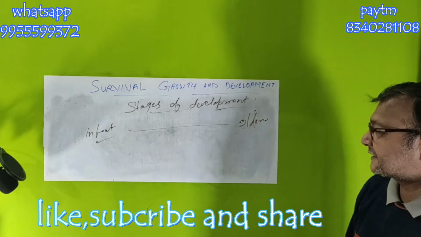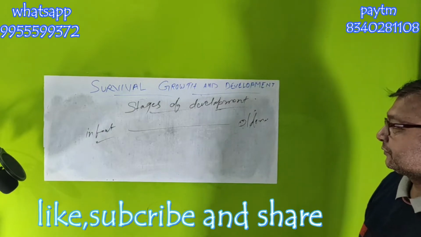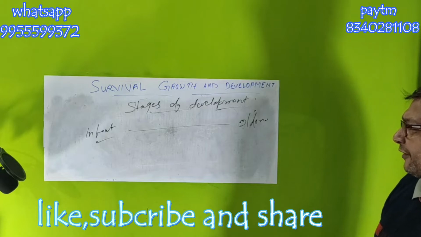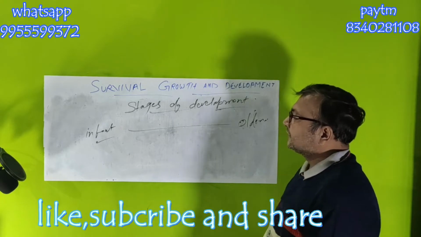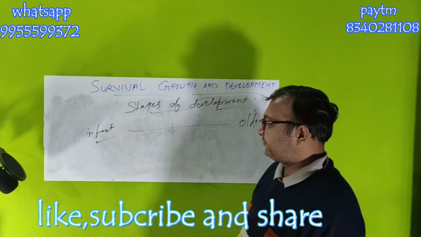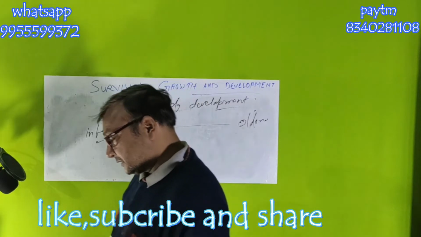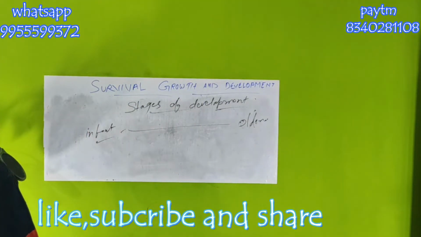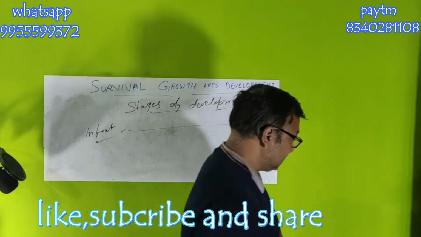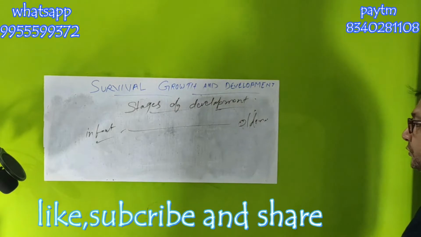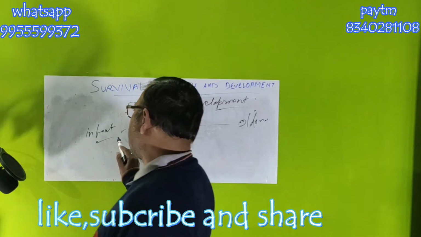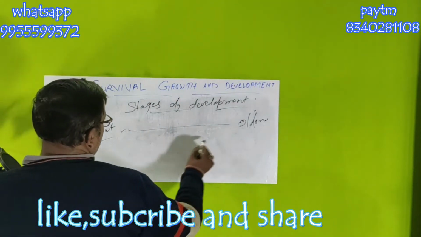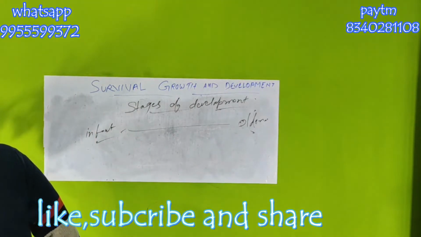So different infants have different types of growth. Up to the age of 5, which we have taught you earlier, it is almost the same. It differs after that according to the nourishment, according to their behavior, according to their atmosphere, what the child adopts and what the child is given. So the different stages of development can be seen from childhood to the older stage.